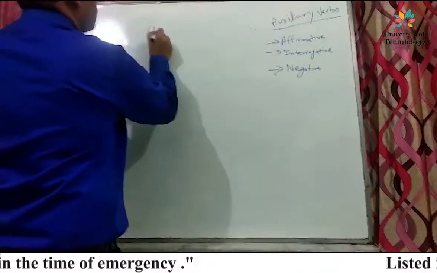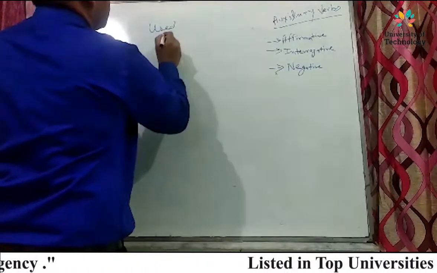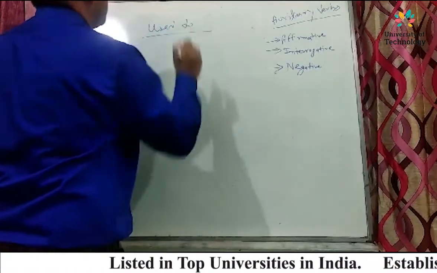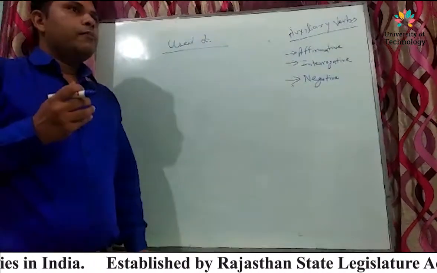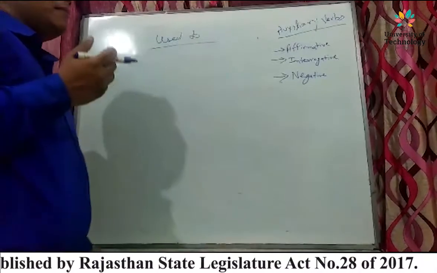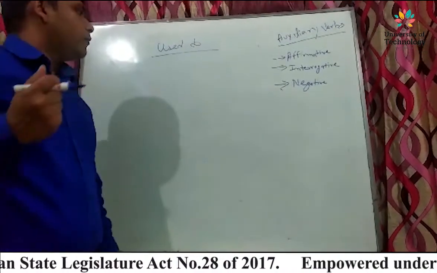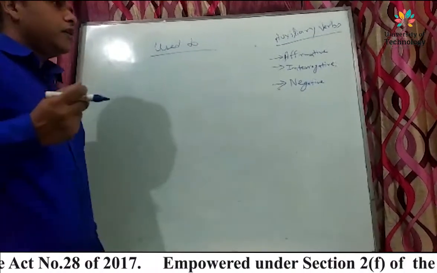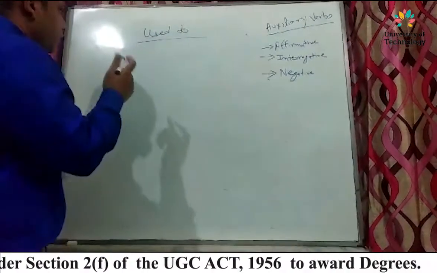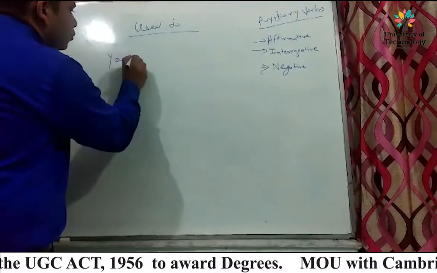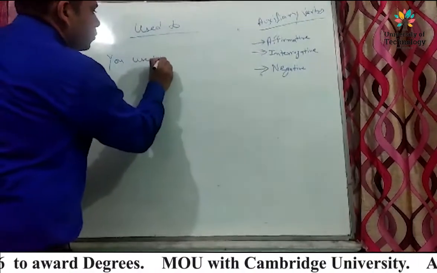Used to. See, used to tells past habit. मैं पहले कोई काम किया करता था. Suppose that तुम चाय पिया करते थे. So you used to take tea.